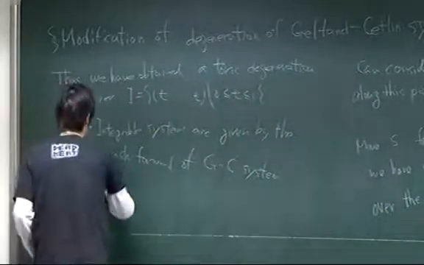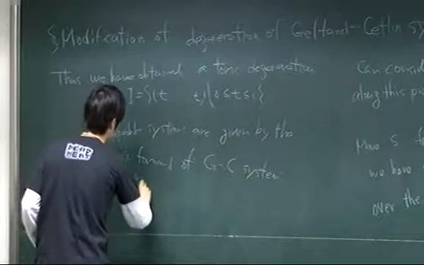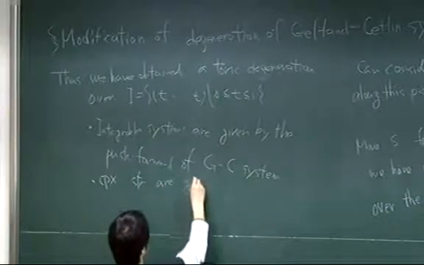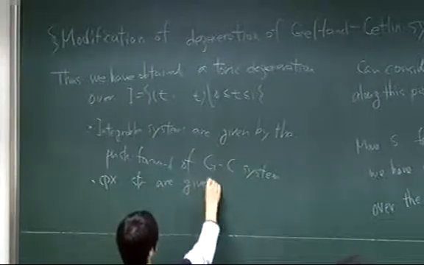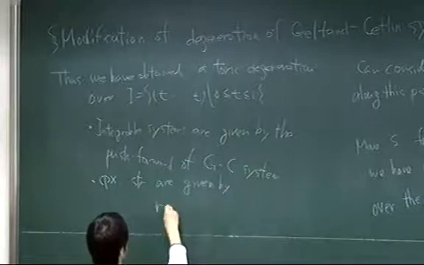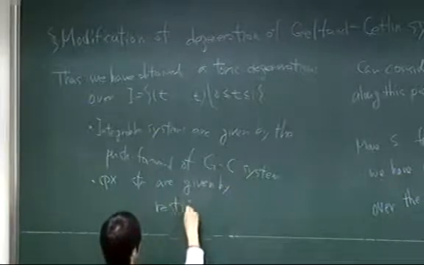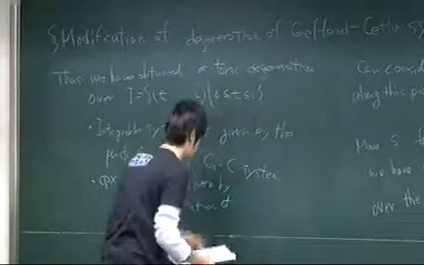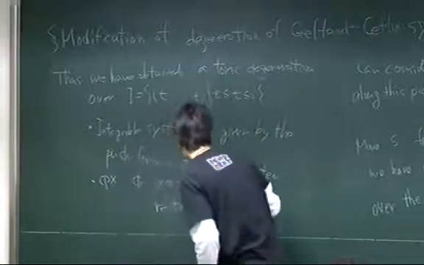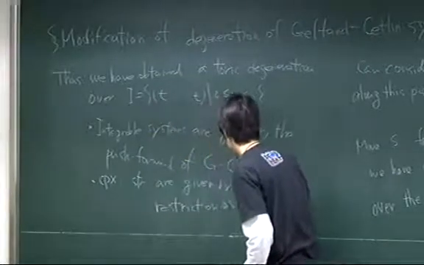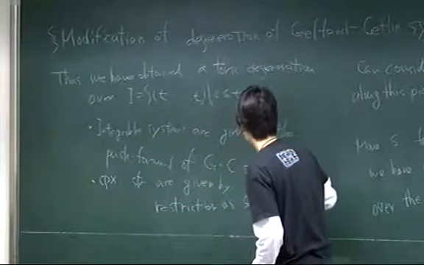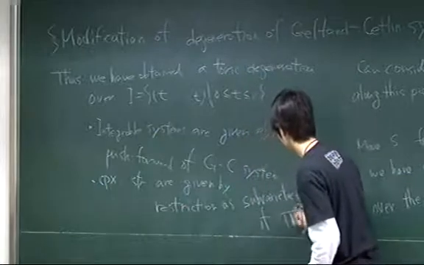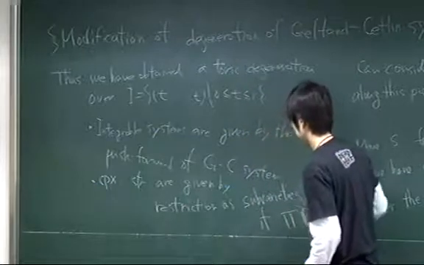And that statement is equivalent to this. And the complex structures are given by a restriction, as a subvariety of the product of projective spaces.